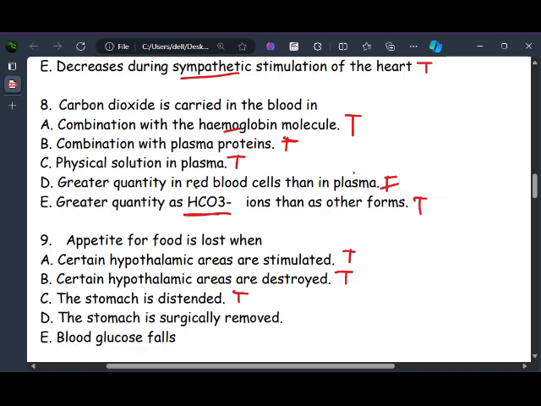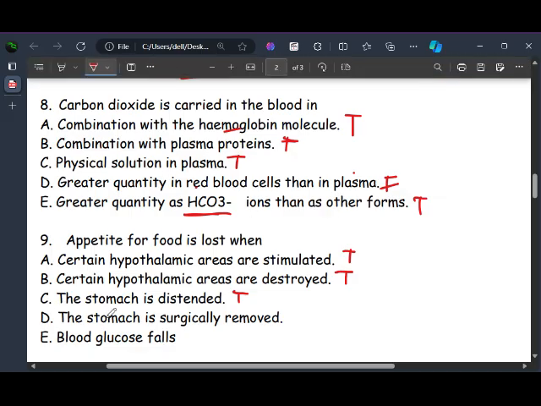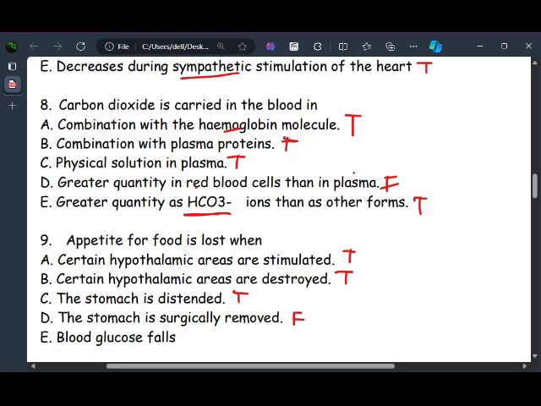And then D, the stomach is surgically removed. So if the stomach is surgically removed, does the appetite for food get lost? That is false, because the stomach does not really play a role in hunger. Hunger does not depend on the stomach being there or not.